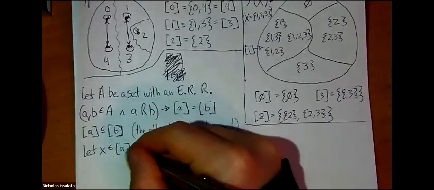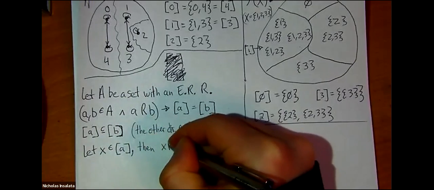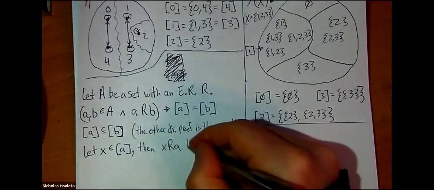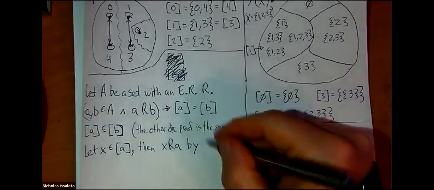Then X is related to A. For what reason? What's the justification for that? The definition of equivalence class, perfect.